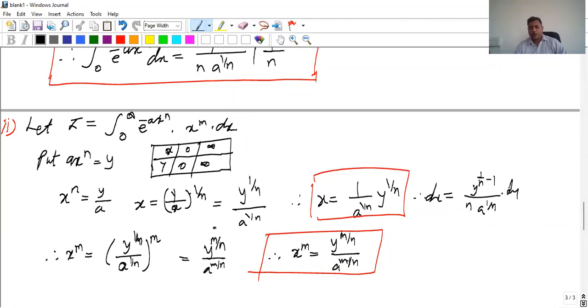Are you getting this step? We are differentiating with respect to x on this side, and with respect to y on the other side. So we got dx is equal to 1 upon n, a raised to 1 by n, y raised to 1 by n minus 1 dy. Getting this one?